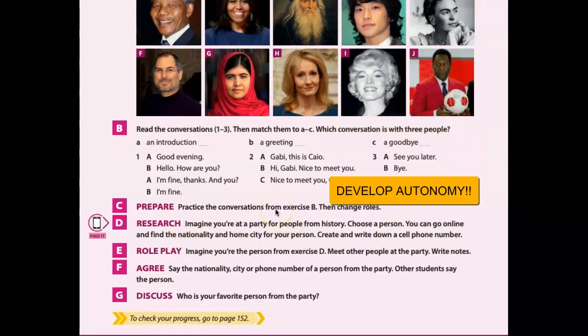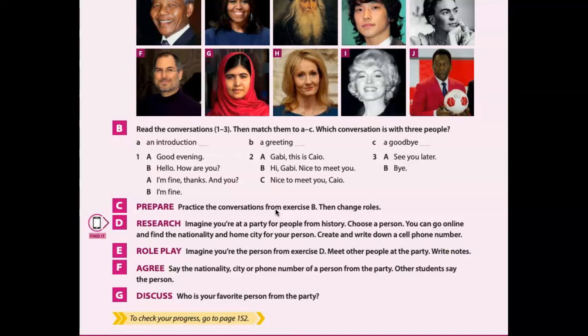Okay, so this is an opportunity to develop our students' autonomy because it's not saying exactly which website they need to check out. Okay, they can decide for themselves. Then they practice the role play, and at the end, they discuss. Okay? So they're going to use critical thinking and they're going to put into practice everything they've learned.